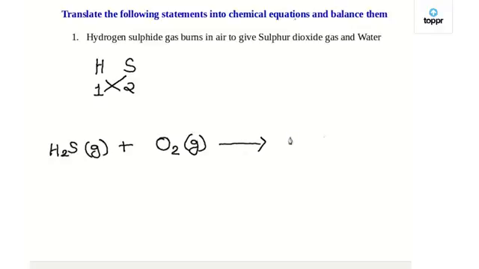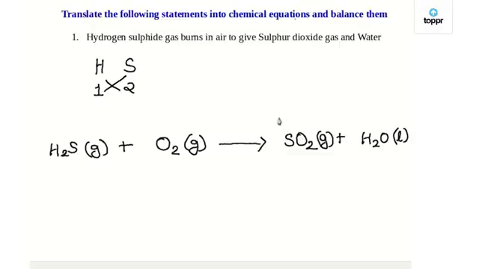Sulfur dioxide can be written as S for sulfur, O for oxide, because there are two oxides, so sulfur dioxide, SO2. And water is formed in this reaction, which is H2O. Water is liquid, whereas sulfur dioxide is a gas, so G.